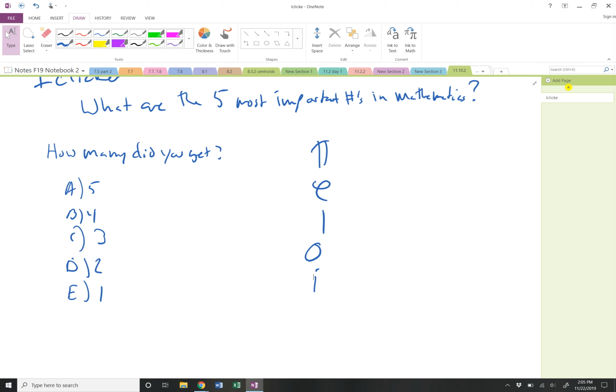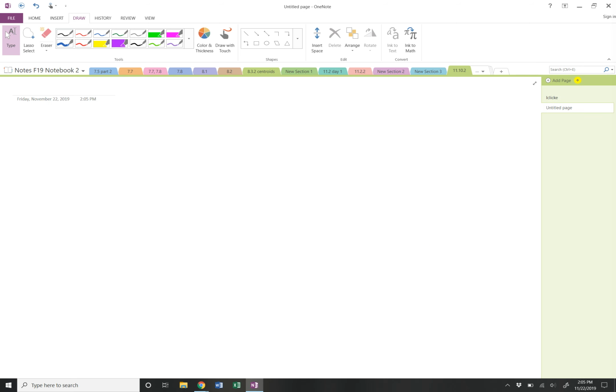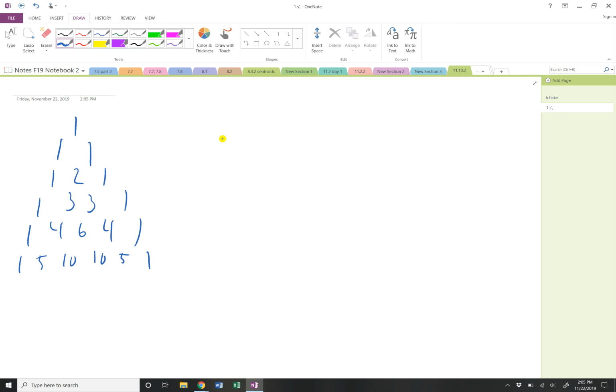So I'm going to talk about the binomial theorem for a little bit. Well, we'll talk about a binomial theorem you've probably heard about before. Okay, what's this? Pascal's triangle. What does it represent?